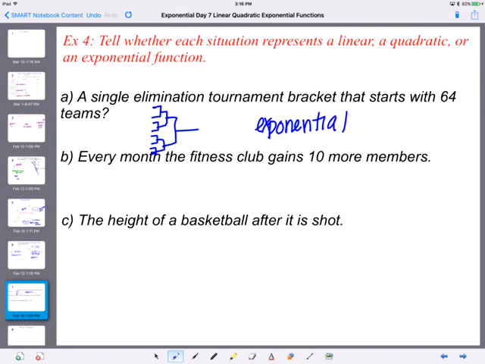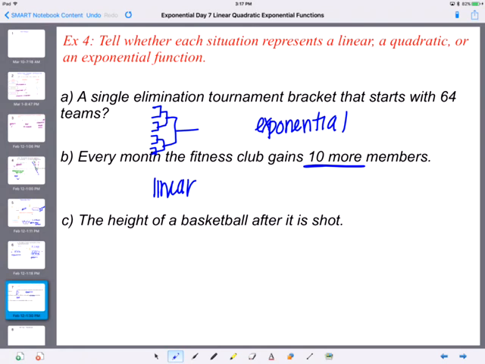Example 4b says every month the fitness club gains 10 more members. If we are gaining 10 members at a constant rate every month, we are adding 10, we would say that is an example of a linear function.